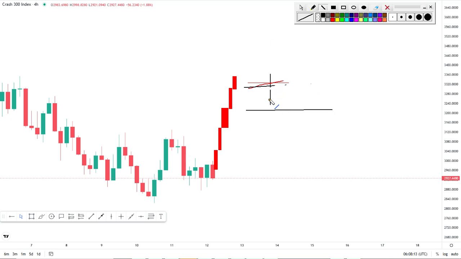This is you identifying this particular candlestick on a higher time frame, that is the 4 hours time frame. Then once you identify it, you go down to the 30 minutes time frame. But before then, just mark out the high of this candle, which is here, and the low, which is down here. This is going to be the low.